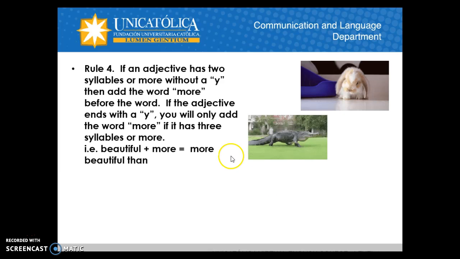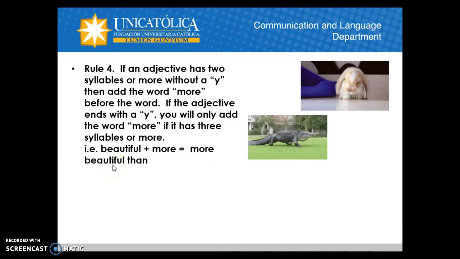Rule number 4. If an adjective has 2 syllables or more without a Y, then add the word more before the word. If it has 3 syllables or more, just pay attention. Beautiful. So you put more beautiful. That's it.